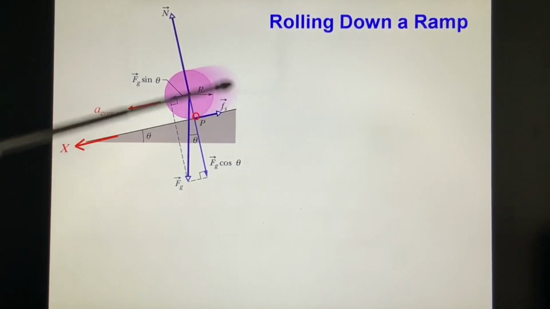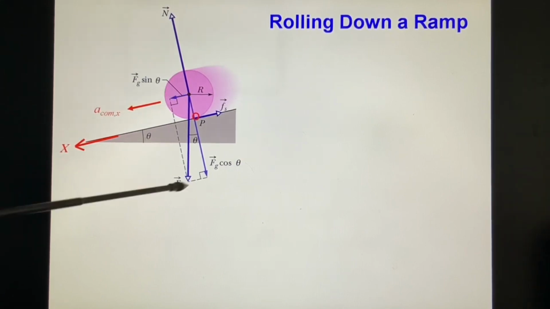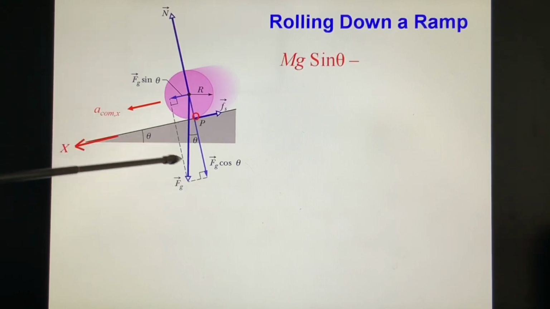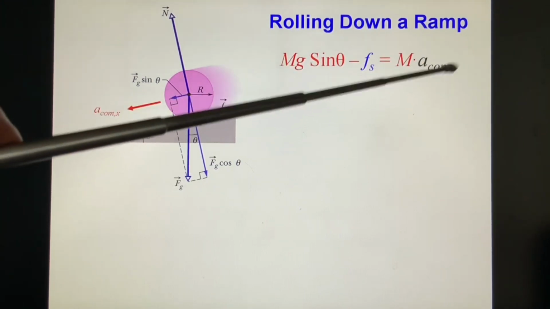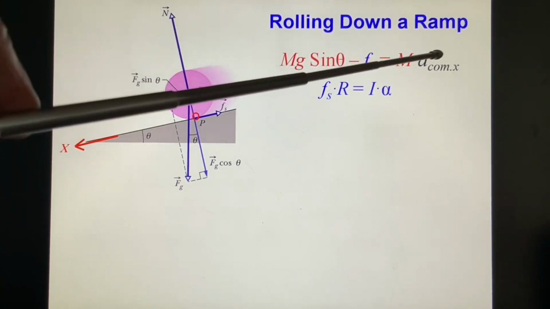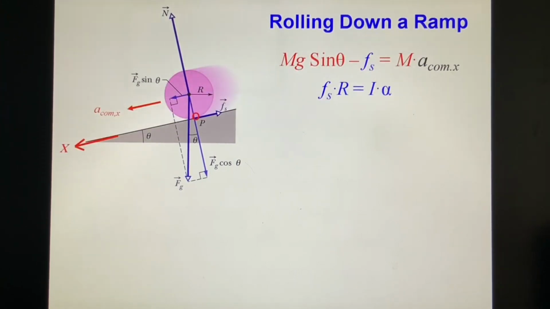Now let's write the formulas. Along the x direction, I have this force: mg sine theta minus f equals m a com. About rotation, you see f r equals I alpha. Now we have 3 unknowns and only 2 equations.